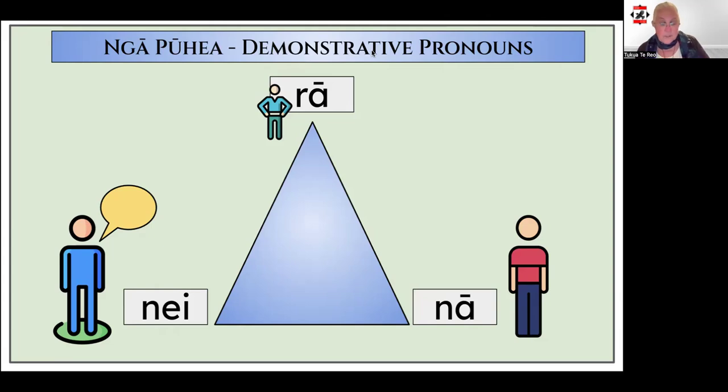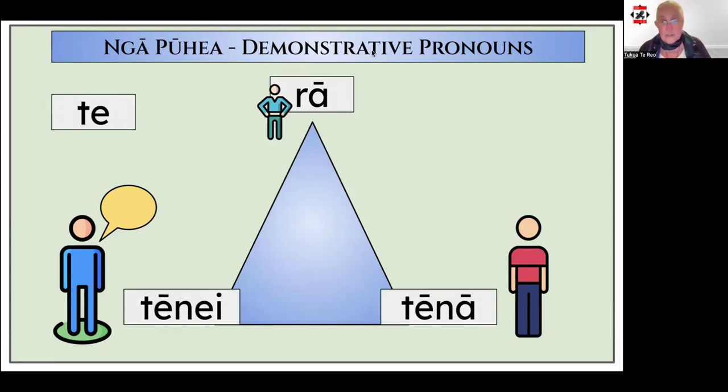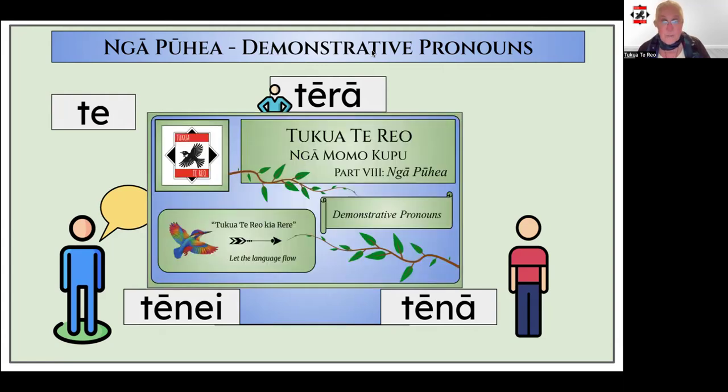I also went over how they work when they're paired with te to create these pūhea or demonstrative pronouns. Tēnei, tēnā, and tērā, meaning this near the speaker, that near the one being spoken to, and that near neither of them. If you'd like to revisit these or you haven't watched the video yet, have a look for this video called Ngā Punga, Demonstrative Pronouns.